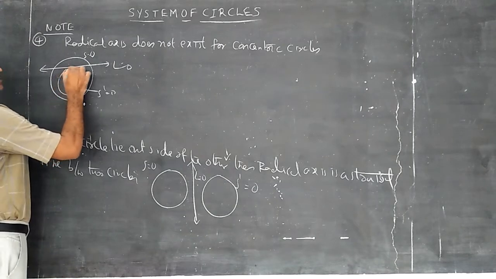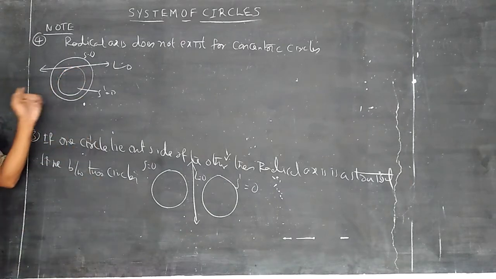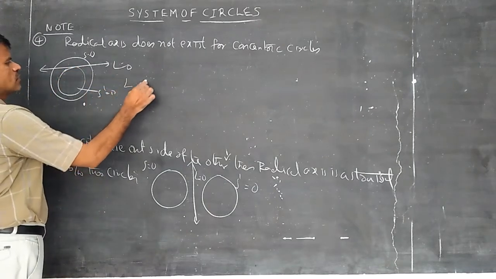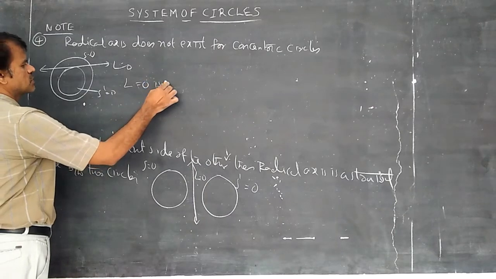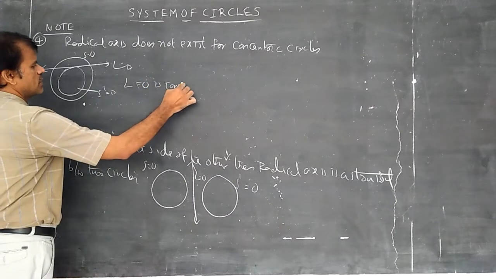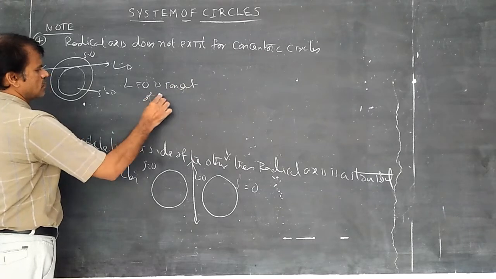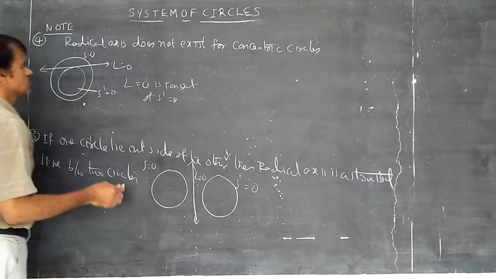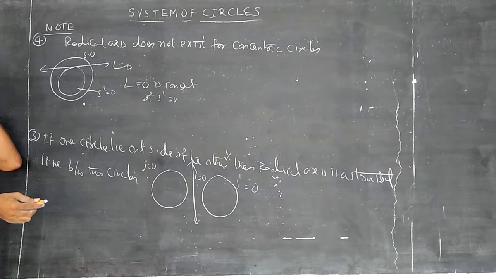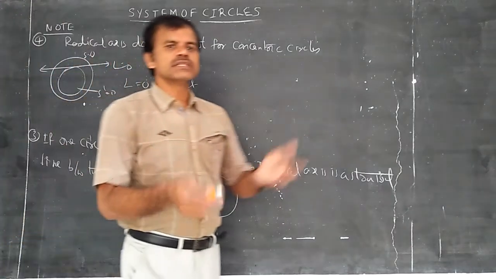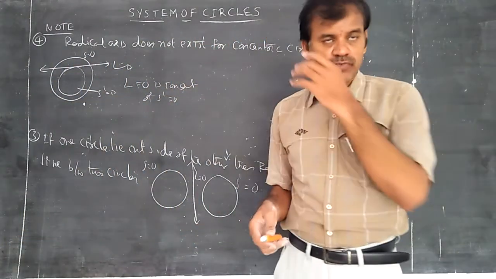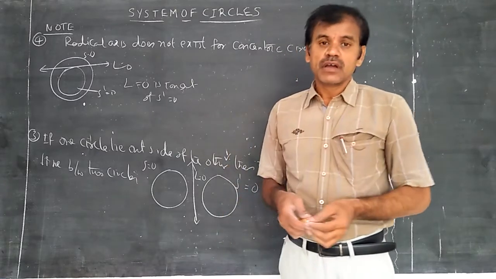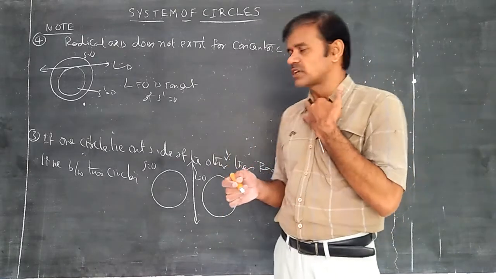What is happening? L equal to 0 is a tangent of S dash equal to 0. But for the first circle it is simply inside the circle, that's all. For the first circle it is inside, and for the second circle it is a tangent.